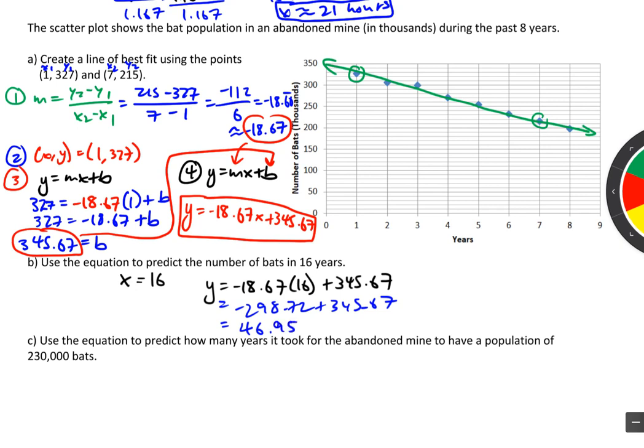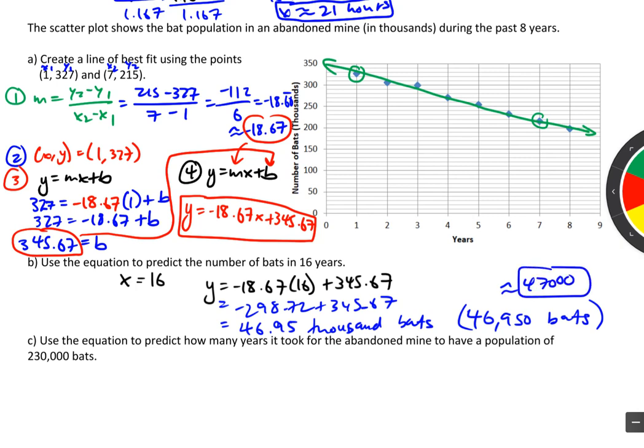In this case, 46.95 on this graph is going to be 1,000 bats. So in other words, there are 46,950 bats. Okay, it's basically about how much we can round this. We can round this to 47,000 bats if we wanted to.